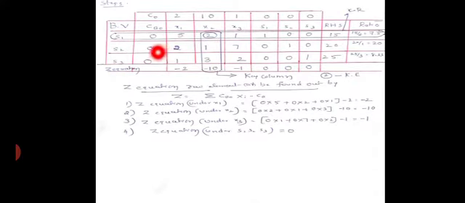Similarly for the third constraint: x1 is 1, x2 is 3, x3 is 2, s1 and s2 are not there so 0, 0, and s3 is 1. Its constant value is 25. That's what I represented: 1, 3, 2, 0, 0, 1 and RHS value is 25.